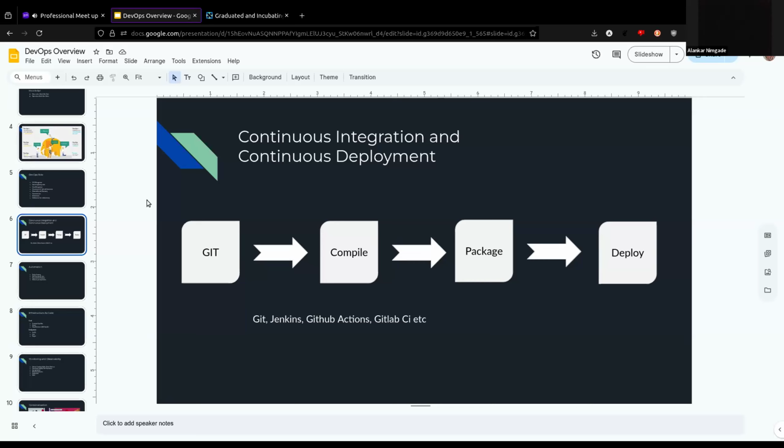So again, it would start with your Git and similar tools. With Git, you also have data warehouses you have to configure. Instead of compiling, you would run the training, and instead of packaging, you would store the ML model.